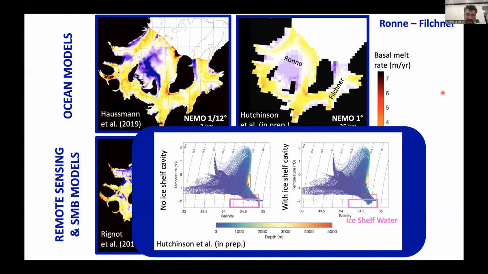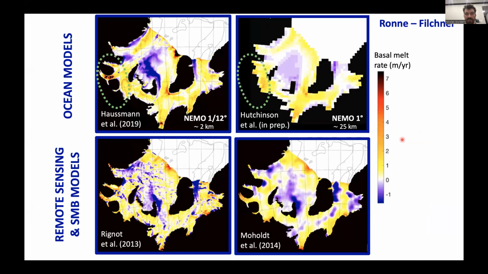So overall, it's again very similar. But if you look at the pink rectangle, you can see that you have the ice shelf water. It's a water mass that is present when you have an ice shelf cavity. So if your research focus is on the water masses, you would probably be sufficiently happy with this kind of ice shelf in your simulations.